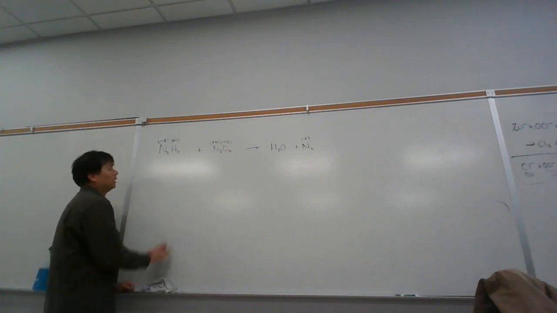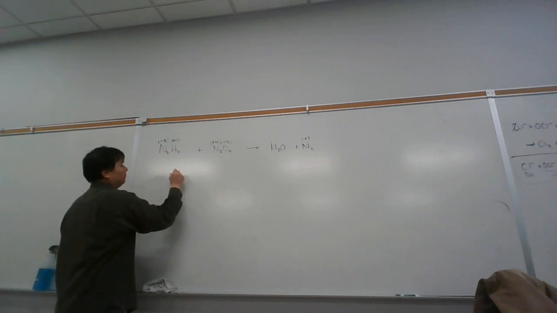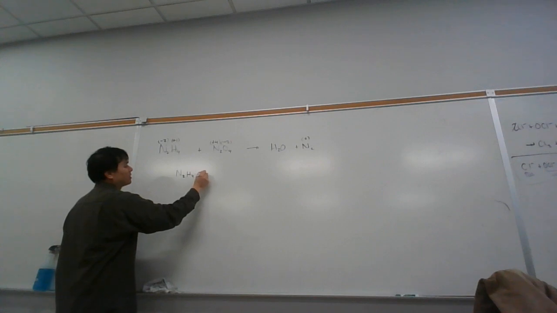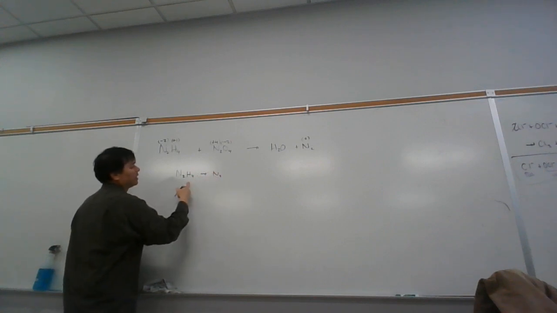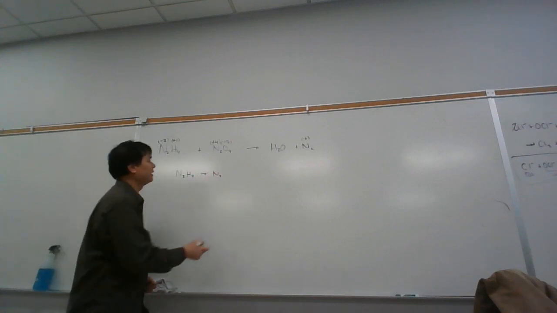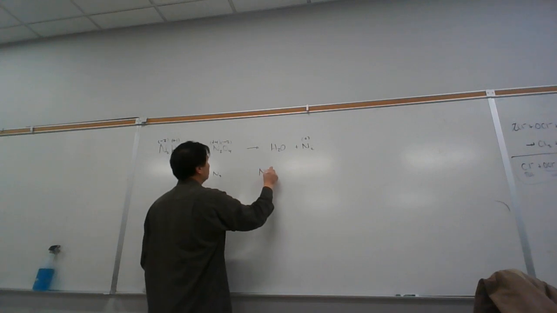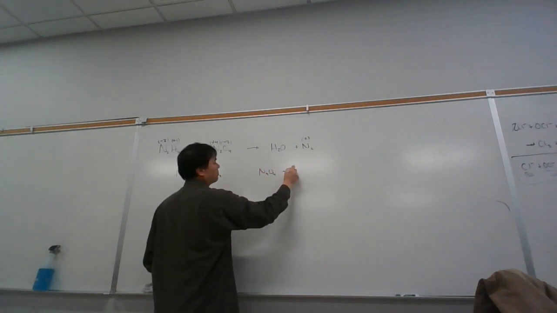One of these lost, so an N2H4 lost, and that's going to lose it to N2. The other one gained. And so this one, N2O4 gained, and they form the same product.